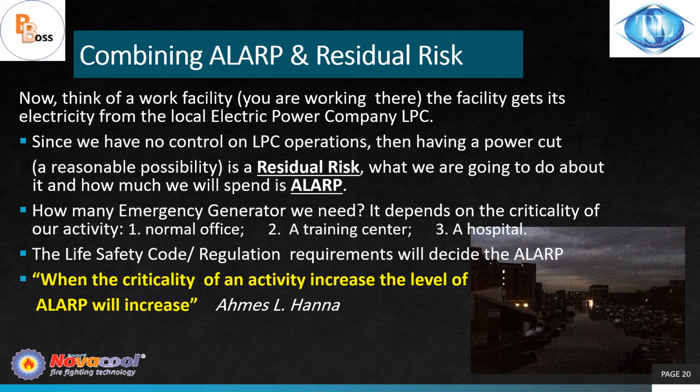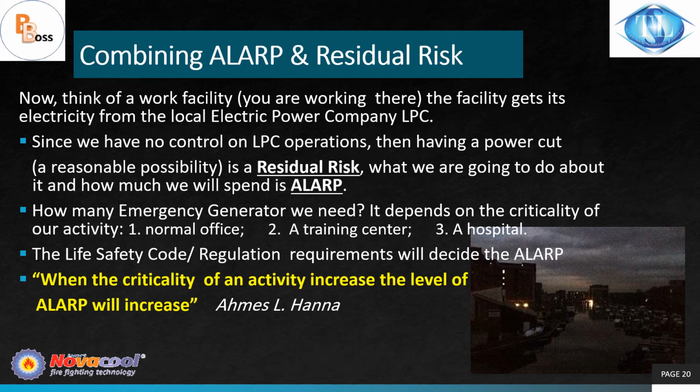Now we come to the point of ALARP. You can see that it depends on the criticality of our activity. Are we in a normal office, just an office? Are we in a training center or rehabilitation center? Are we in a hospital? And you, of course, can see that there is a life safety code or regulation that will control that, especially for the critical ones.